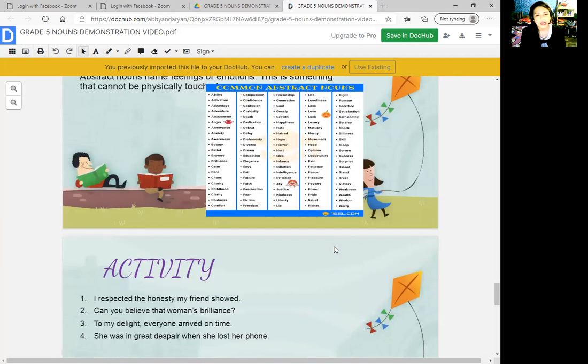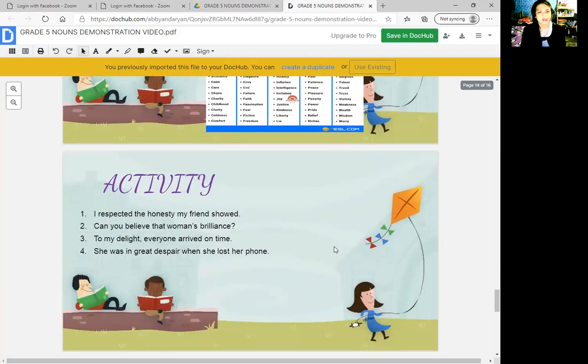Here I have four sentences. I need you to determine the abstract nouns in these sentences. Number one, I respected the honesty my friend showed. Can you believe the woman's brilliance? To my delight, everyone arrived on time.